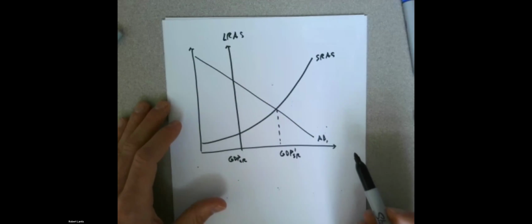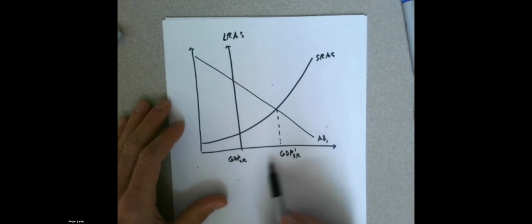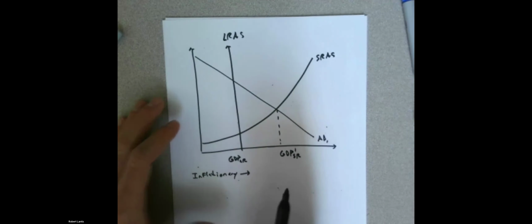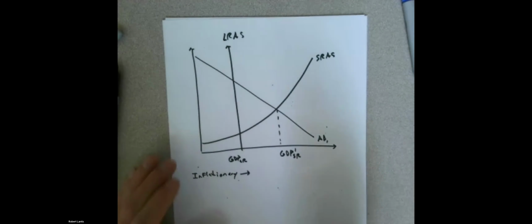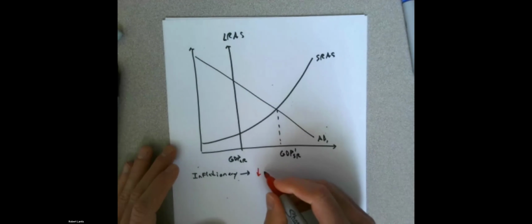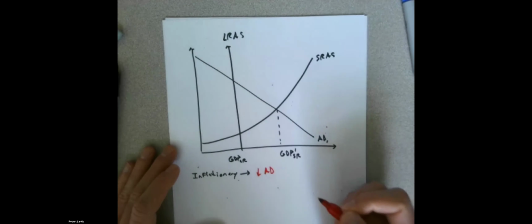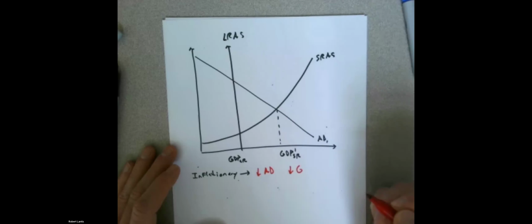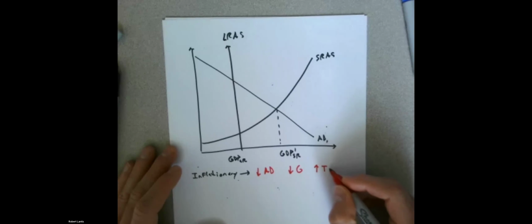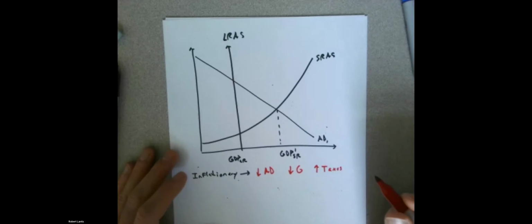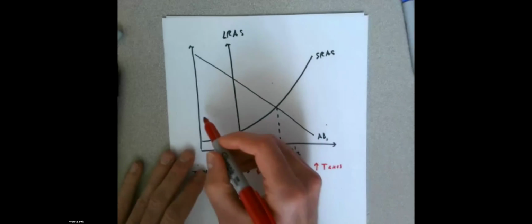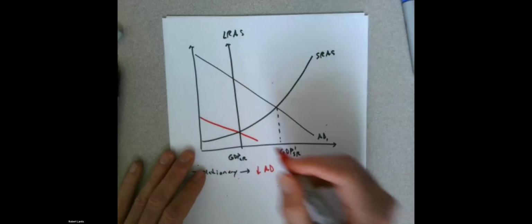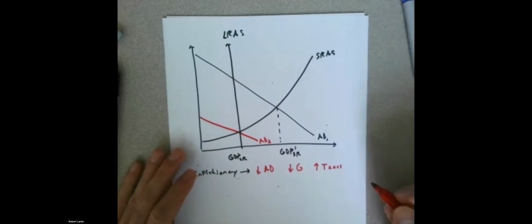So if GDP is currently too high, we would say that we have an inflationary gap. So what do we want to do? We want to lower GDP. How do we lower GDP? We lower the aggregate demand curve, which we can do by decreasing government spending or increasing taxes. If we do that, we say, okay, look, I've closed this inflationary gap.